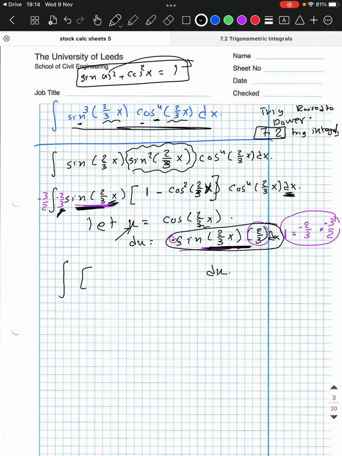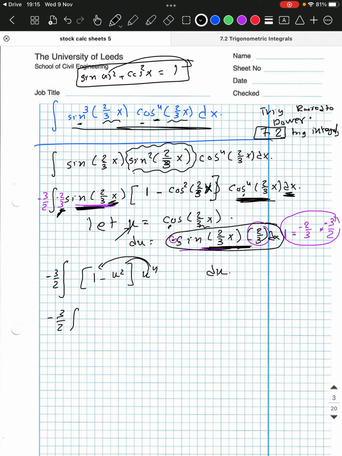So it's going to be 1 minus u squared, since this is cosine, and outside I have u to the power 4 because it's cosine as well. This is my integral multiplied by minus 3 over 2. I'll deal with it later.